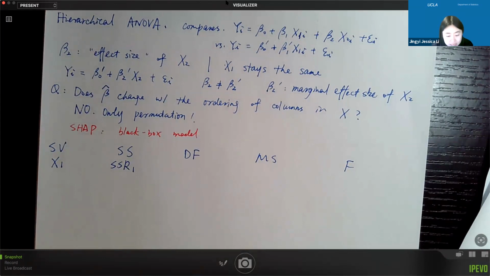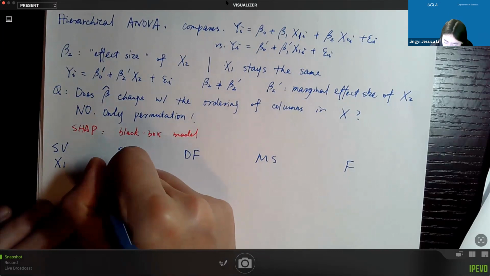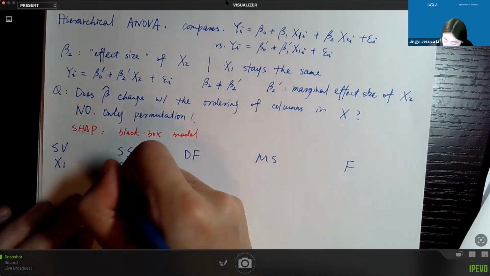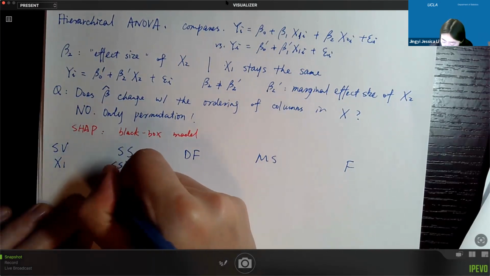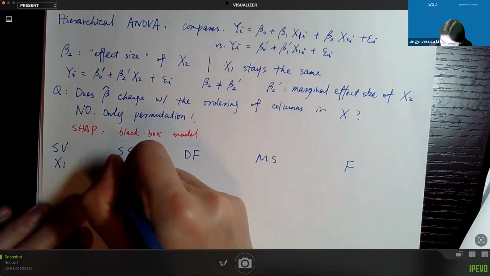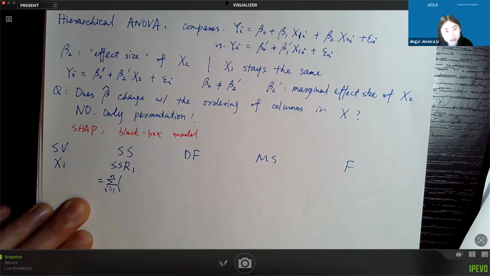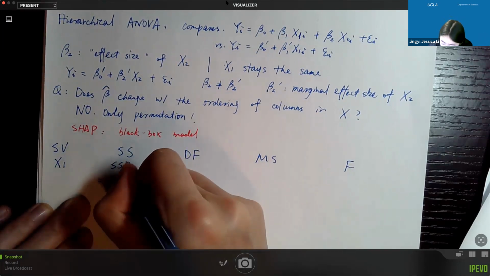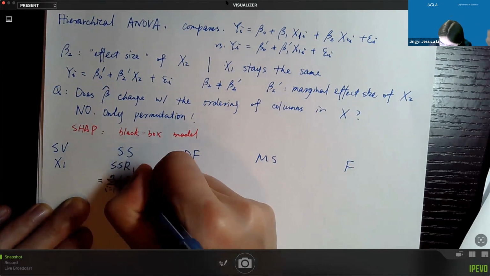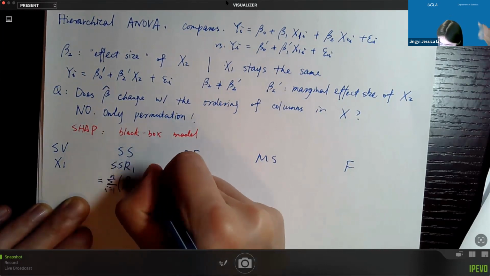It's basically the regression, or the fitted value, using x1 as the only predictor. So this is defined as the sum over i from 1 to n, where the fitted value is beta 0 hat plus beta 1 hat x1i.